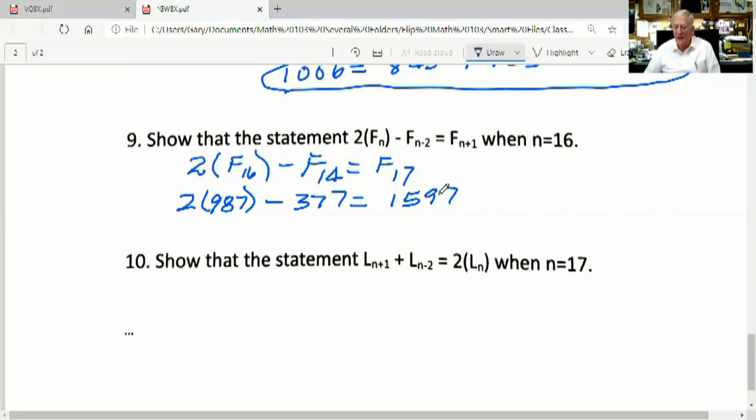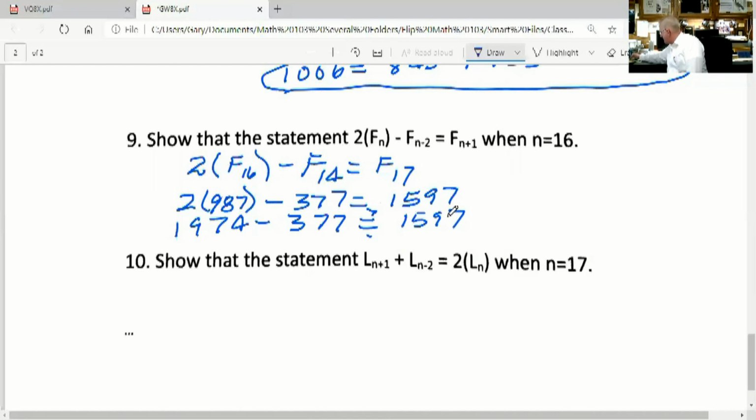So if I go to a calculator and take 987 and multiply it times 2, I get 1974. And from it, I have to subtract 377. Do I indeed get 1597? Well, if I take 1974 and subtract 377, I do indeed get 1597.